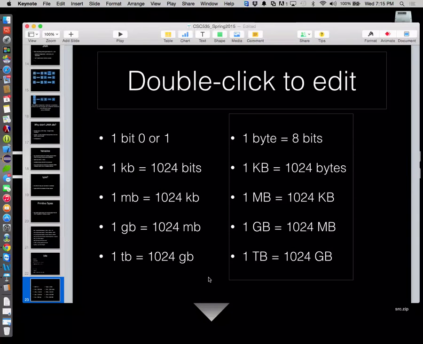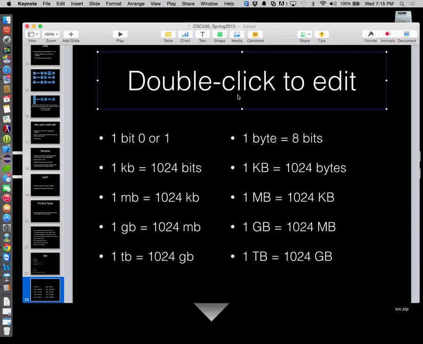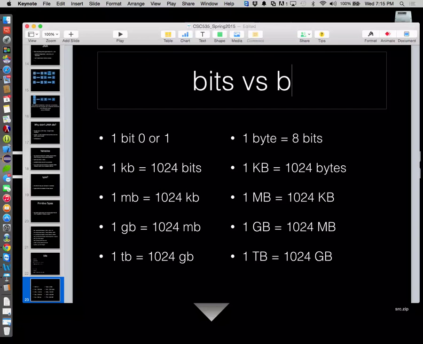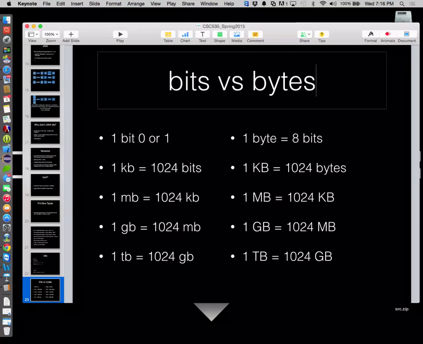All right. So, bits versus bytes. Let's do a little math here. So you said you have a 16 megabit per second internet connection. Okay. Now, when somebody asks you how fast you were downloading something off the internet, there are things that go through our mind.